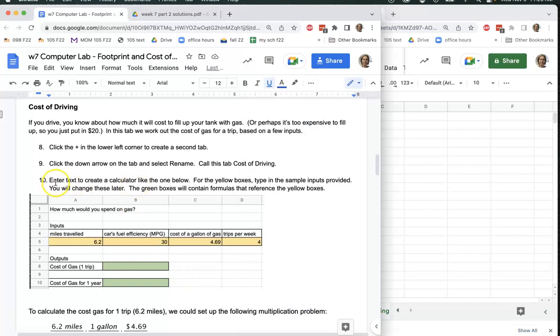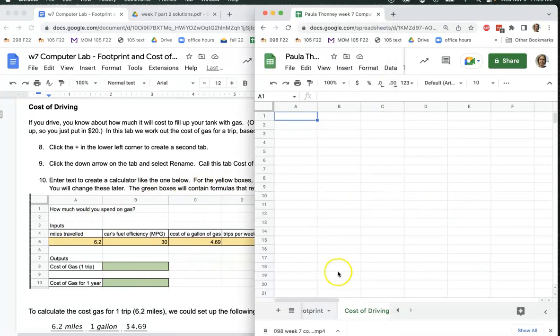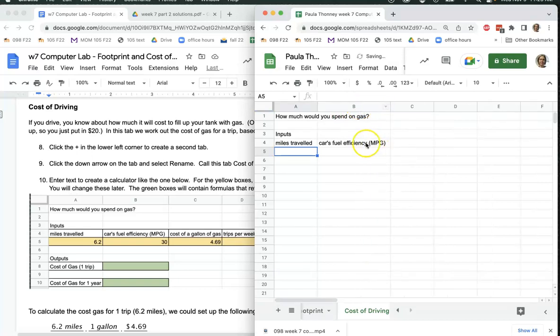And then enter text to create a calculator like the one below. So we want to duplicate all of this information in our next tab. So notice that when I start doing this, that is hanging over. So I want to go up here and just hover between columns B and C, and then I click and pull to make this column a little wider.